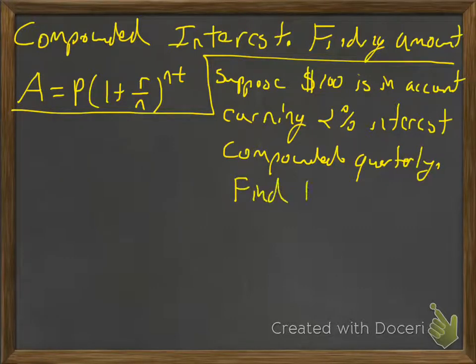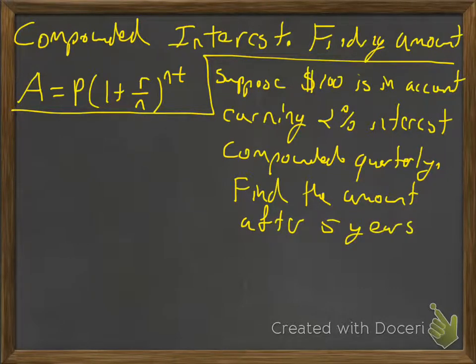Find the amount after 5 years. Okay, so it says suppose $100 is in an account earning 2% interest compounded quarterly. Find the amount after 5 years.